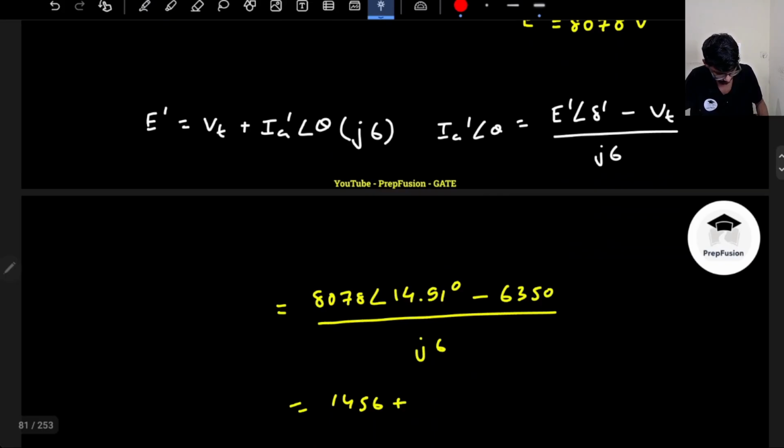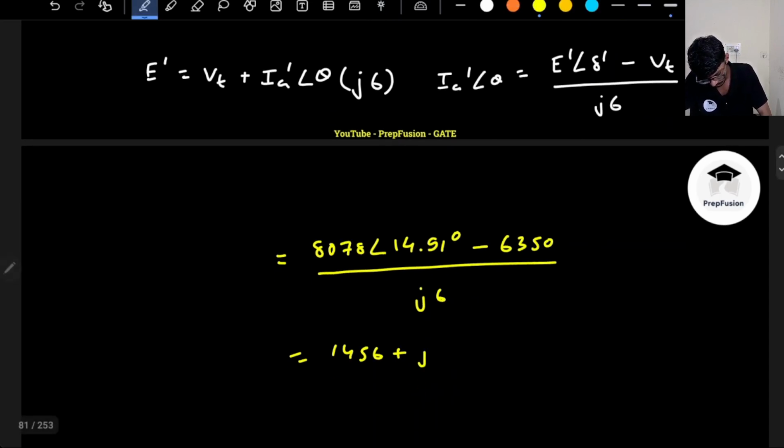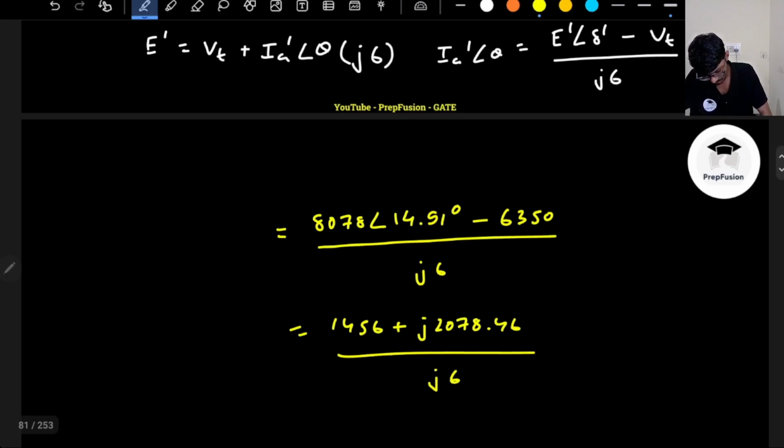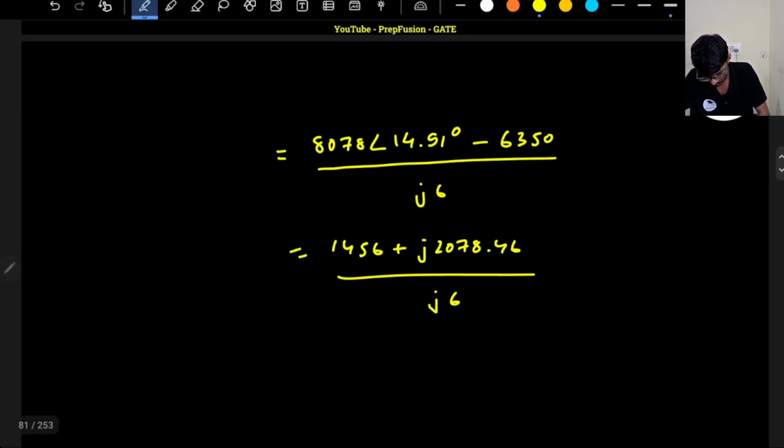So it is 2078.46 divided by J6. If I want to calculate the angle, 1456 tan inverse, this will be 55 degrees.